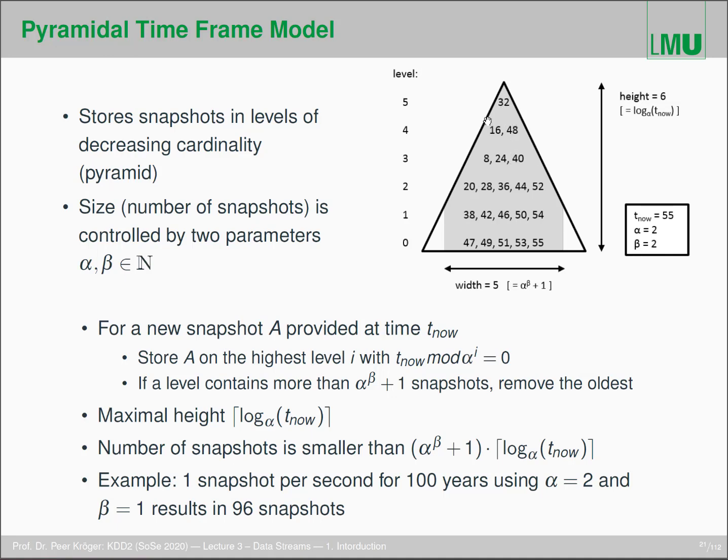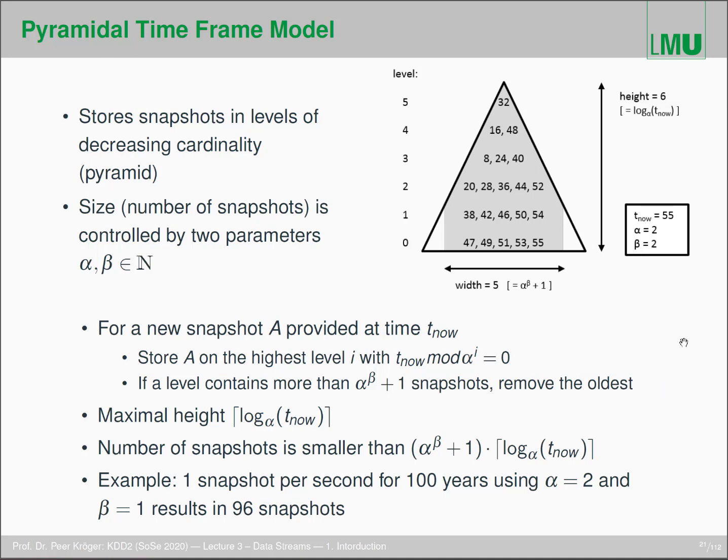So you delete because you have this capacity limit. If the snapshots you store go up in the level, then the probability that you delete them because you're running out of cardinality increases. The whole thing with this storage is that most likely you store the newly arriving things down here, and that is where you keep things a little bit longer.